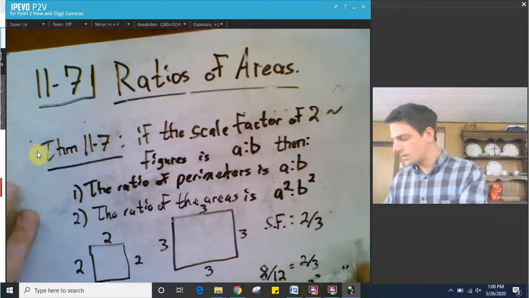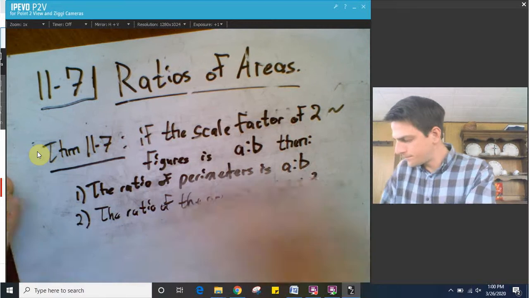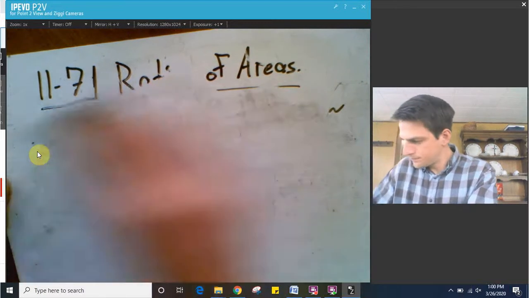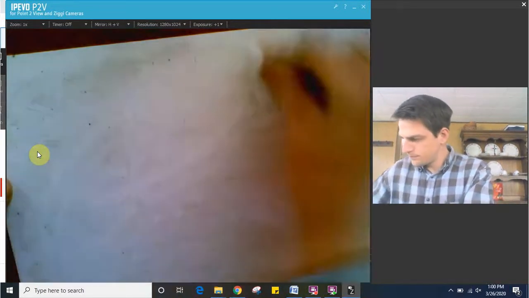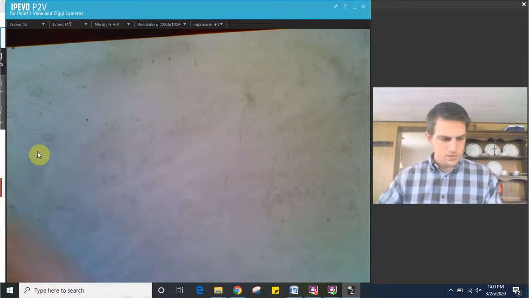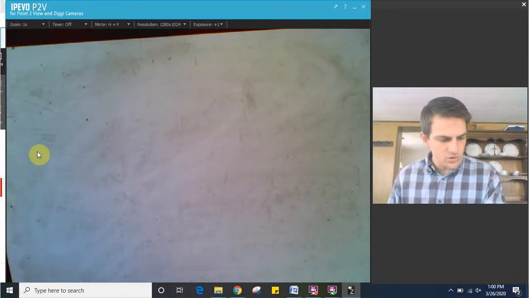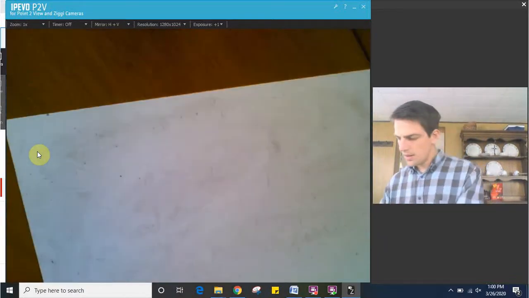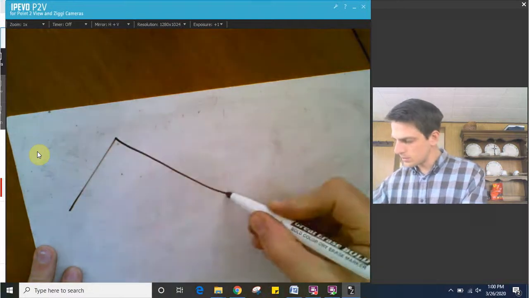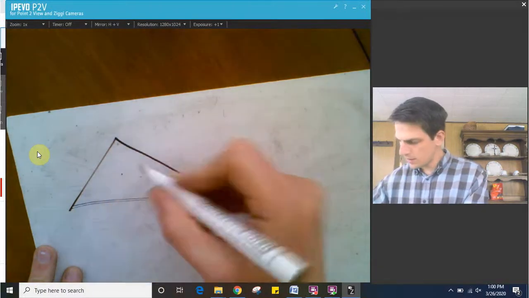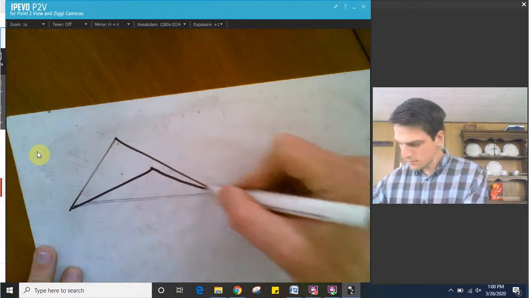I'm just going to go ahead and erase everything here. So let's consider classroom exercise 1. We have two triangles that look about like this.